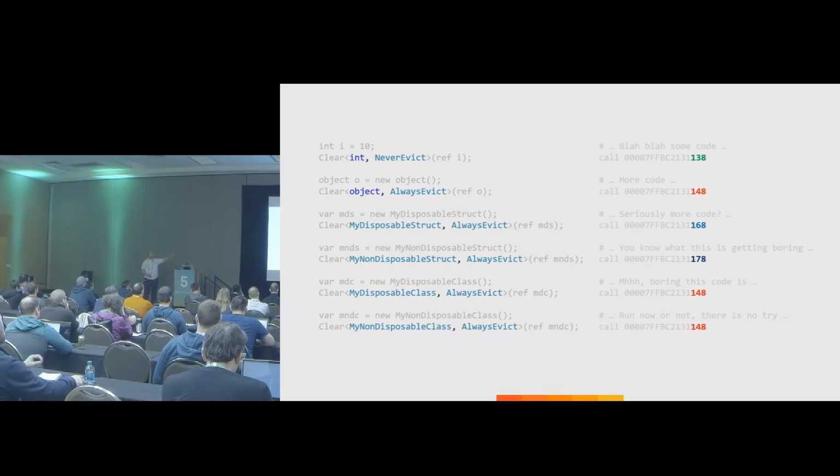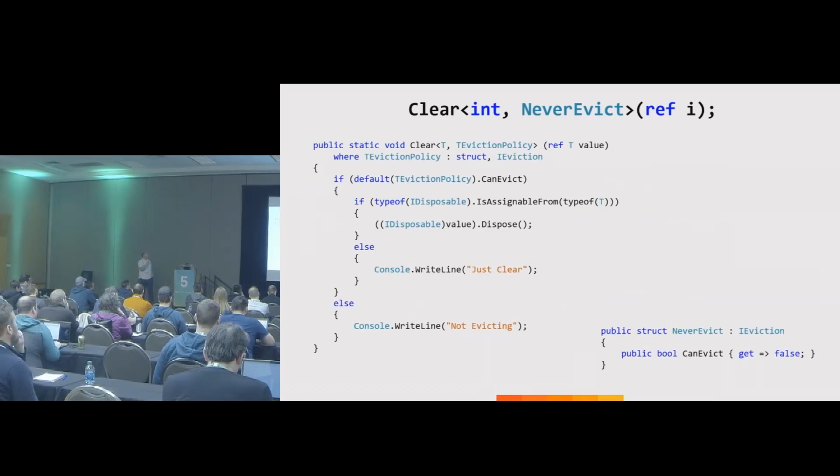But on the other side, we actually see different calls. So let's inspect how that code looks. We started from this. This is the int, and this is the never evict. The interesting thing about never evict is that it always returns false. You remember what happened with constants? They get propagated.